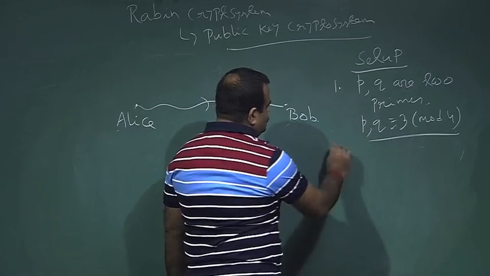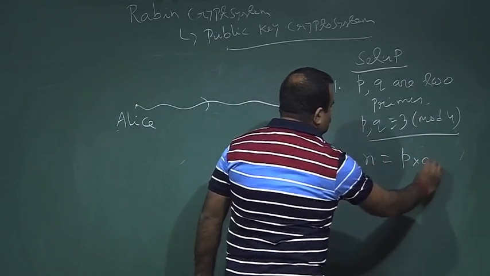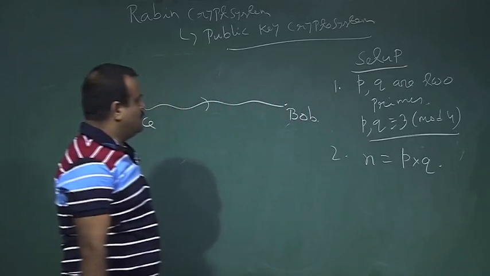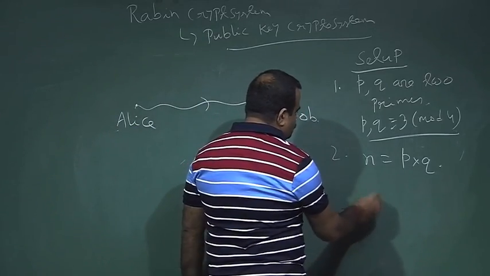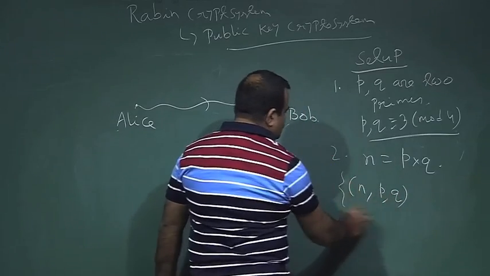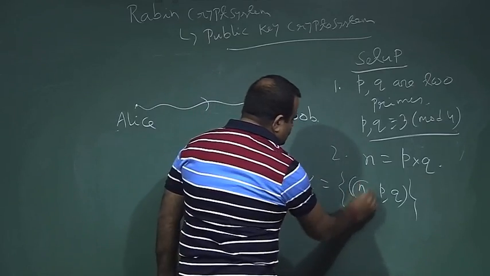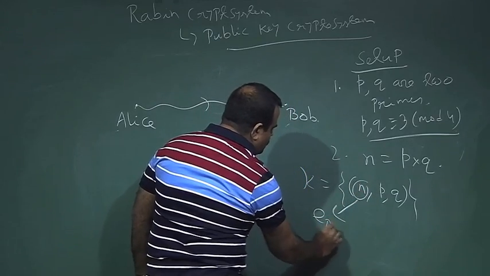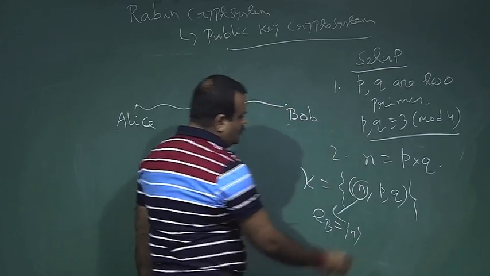So, choose this and then Bob computes n = p times q, and this is the key of Bob. So, this n, p, q is the key space of Bob, and this is the public key of Bob, e_B, which is basically n. These two, p and q, are d_B, the secret key or private key of Bob.